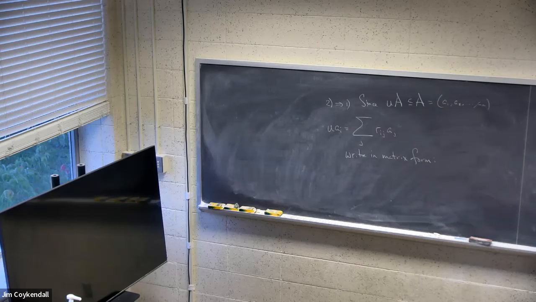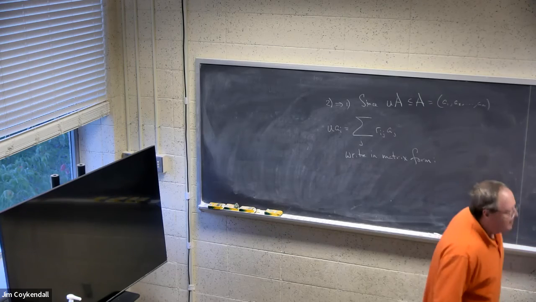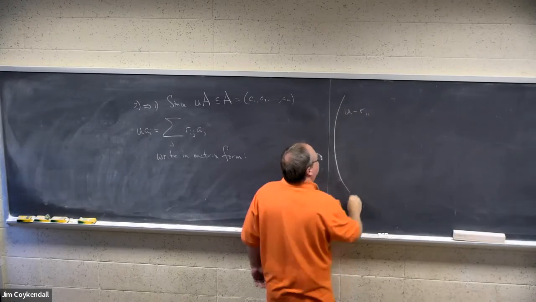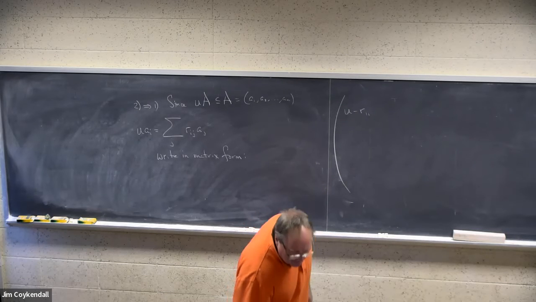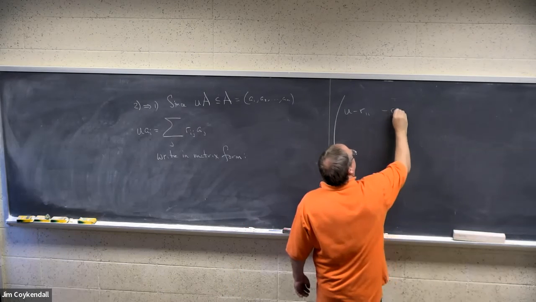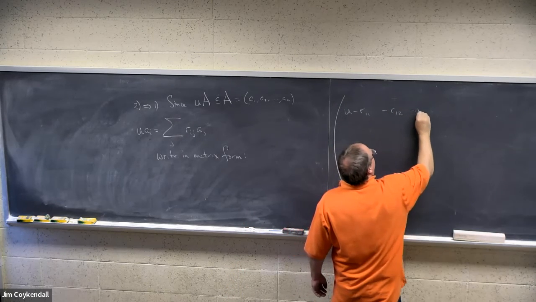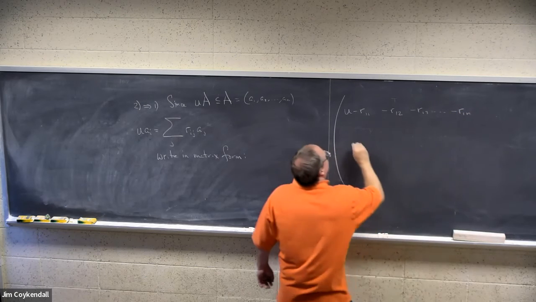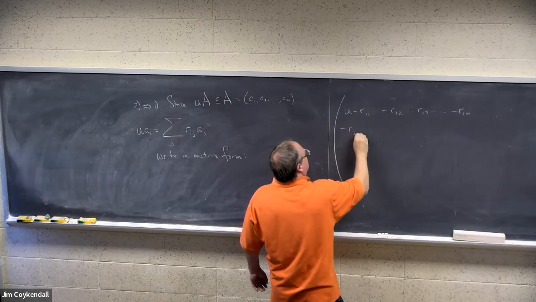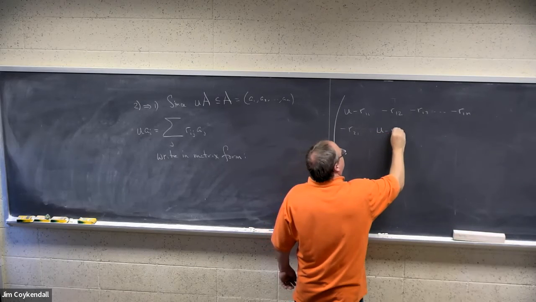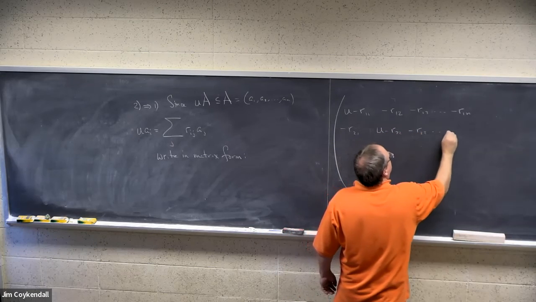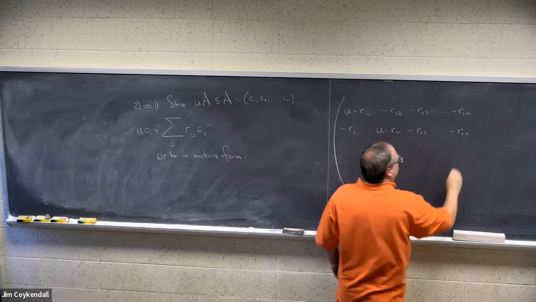And in matrix form, you get the following: the first row is U minus r11, minus r12, minus r13, up to minus r1n. The second row is minus r21, U minus r22, minus r23, up to minus r2n.